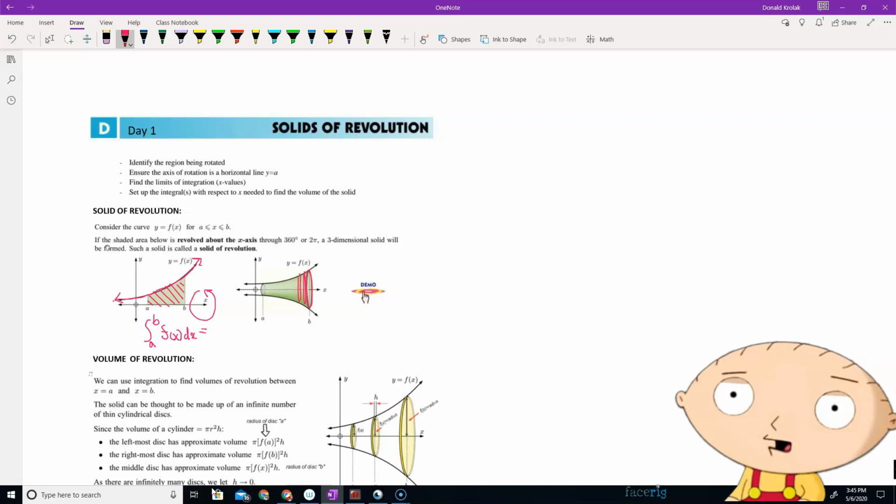And then by finding the volume of each one of these infinitely skinny disks, we could find the total volume of that solid. So that's how you extend area under a curve to find the volume of a three-dimensional shape.